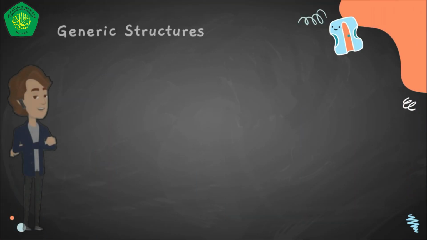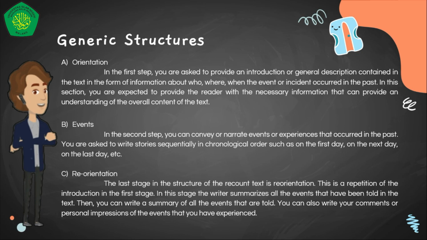So, orientation or the first step is when you are asked to provide an introduction or general description contained in the text in the form of information about who, where, when the event or incident occurred in the past. In this section, you are expected to provide the reader with the necessary information that can provide an understanding of the overall content of the text.